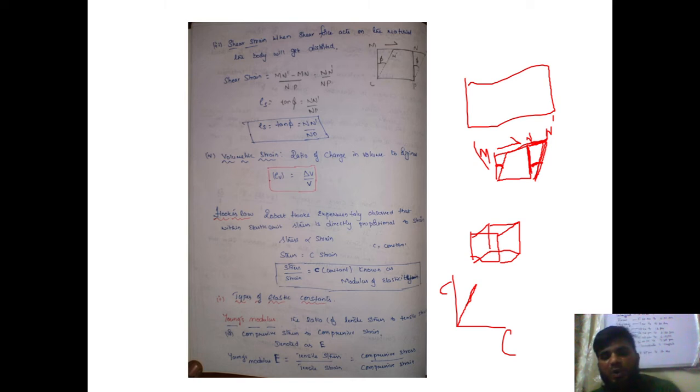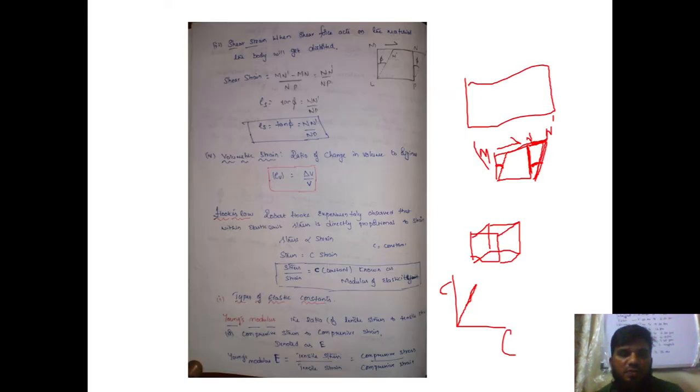With respect to length, you can take tensile stress by tensile strain or compressive stress by compressive strain. The unit for stress is Newton per mm square, whereas for strain there are no units. So we can directly say that units of Young's modulus will be equal to the units of stress, that is nothing but Newton per meter square.